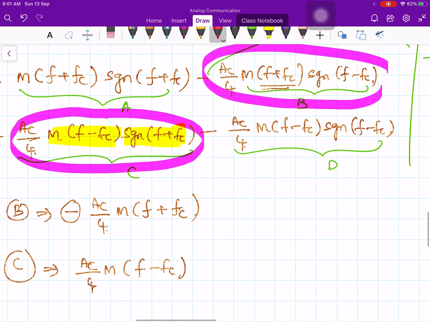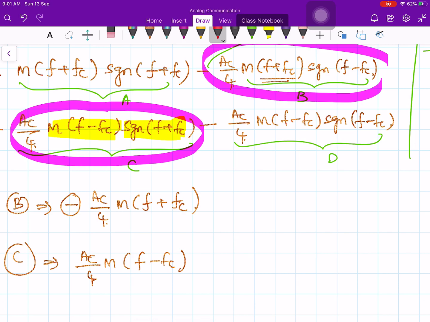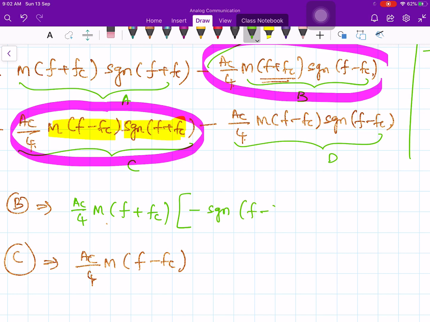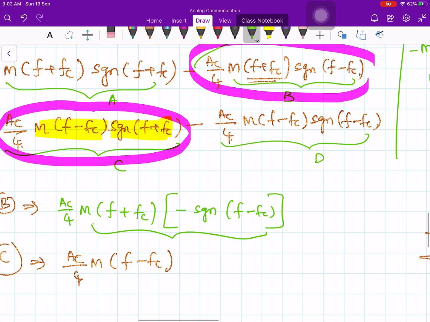This B expression I can write as follows. B expression is AC by 4 m of f plus fc times minus signum of f minus fc, and these two become AC by 4 m of f plus fc.